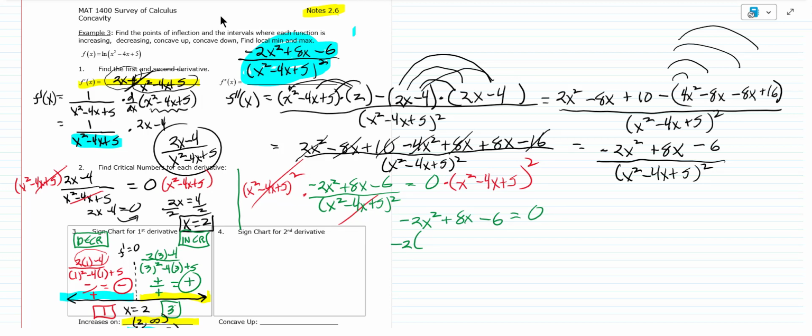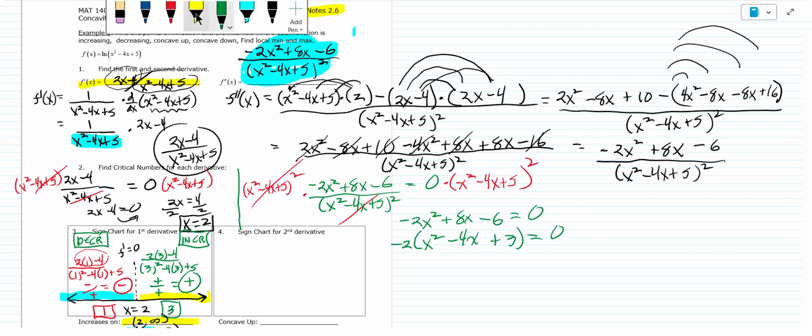Now you could go to the quadratic formula if you wanted to. But the best way to do this is to start by factoring out a negative 2, and make sure anytime you factor something, distribute the negative 2 in your head to make sure it's right. Then you're going to find that this thing that I'm highlighting right there is going to factor. You can draw 2 parentheses on that.